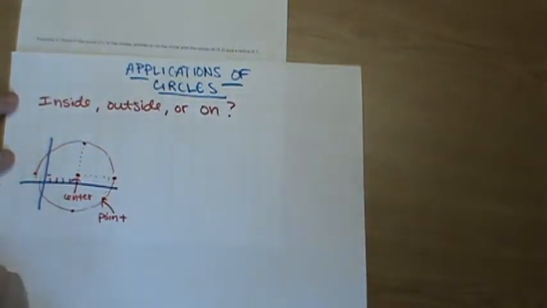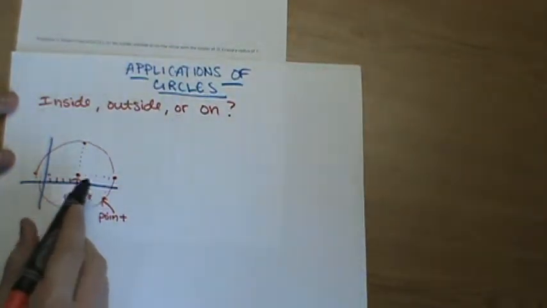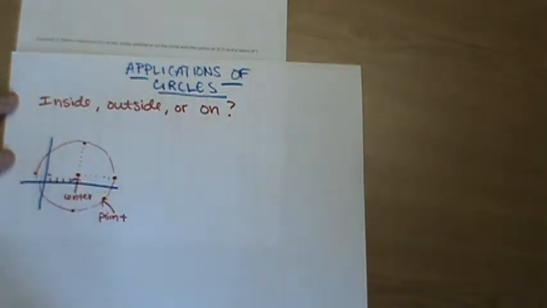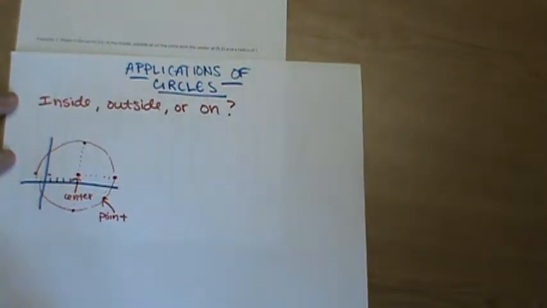The question is, prove that this point right here lies inside the circle, outside the circle, or on the circle. We are human and we make mistakes. This circle that I drew, I know it's not perfect. So although it looks to be on the circle, I have to prove it using math that it is or is not on the circle.